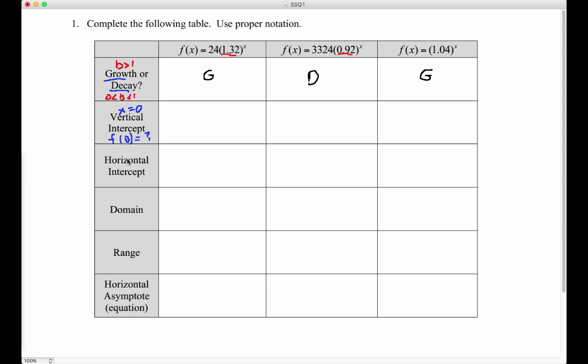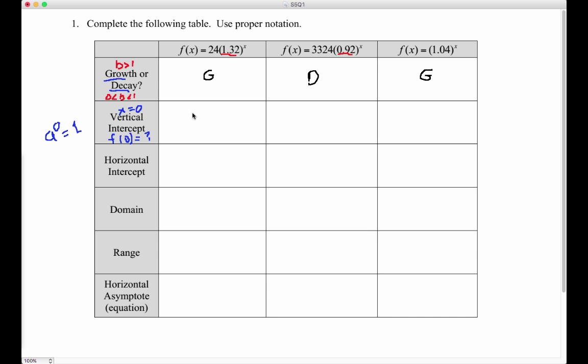If you know what f of 0 is, you know what the vertical intercept is. One other thing we need to remember is that if you take any value and raise it to the 0 power, you get back 1, with the exception of the base being 0, which is undefined. So in all of our cases, all we have to do is look at the leading coefficient, often known as the initial amount, and that will tell us our vertical intercept.